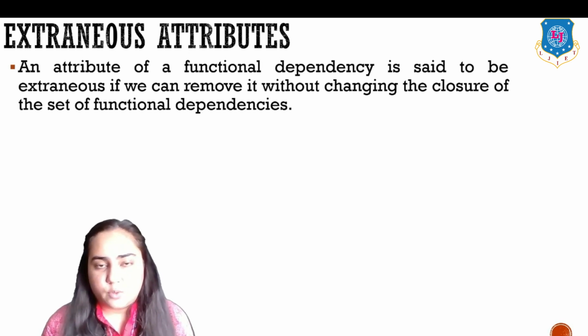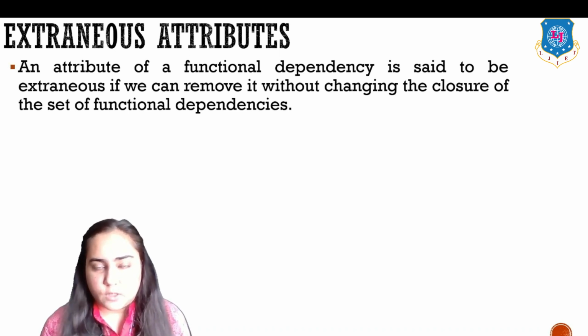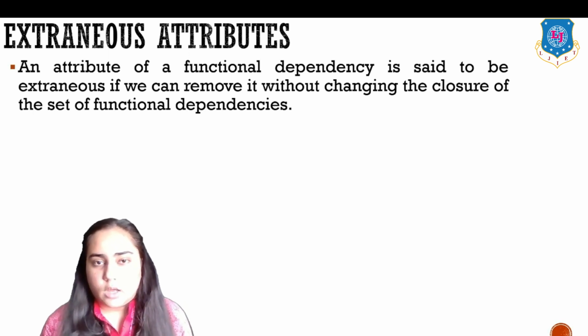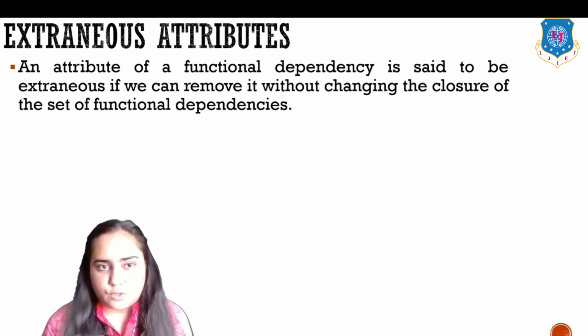An attribute which is present in your functional dependency is said to be extraneous if you can remove the attribute without changing the closure of the set of functional dependencies. Which means if I have a dependency like AB determines CD, then I can remove B from this whole dependency if by removing B, I am not changing the closure of these functional dependencies.